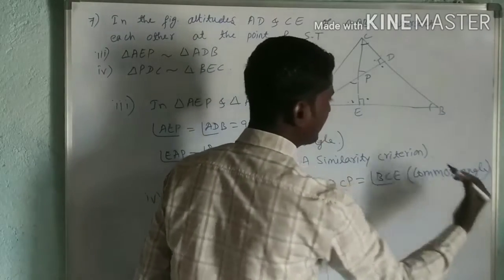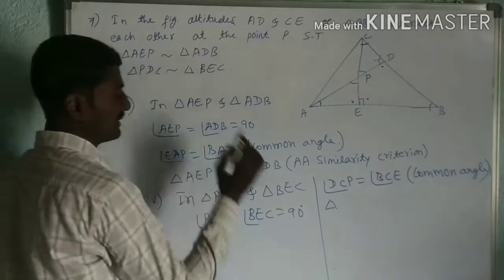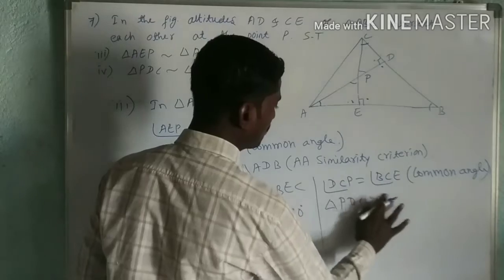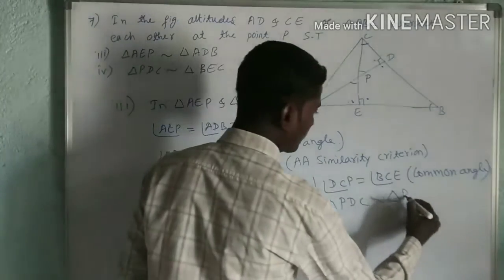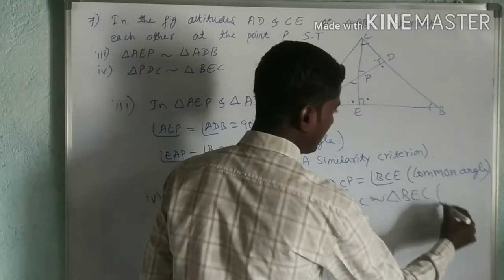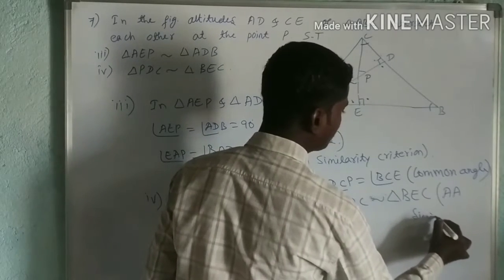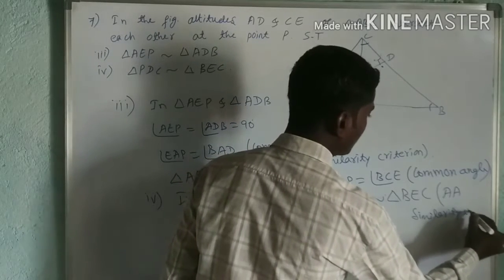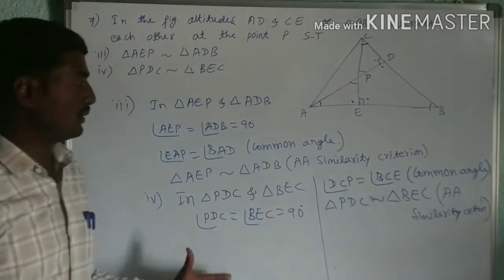Again by using the AA similarity criterion, triangle PDC is similar to triangle BEC. So this is how we can solve it.